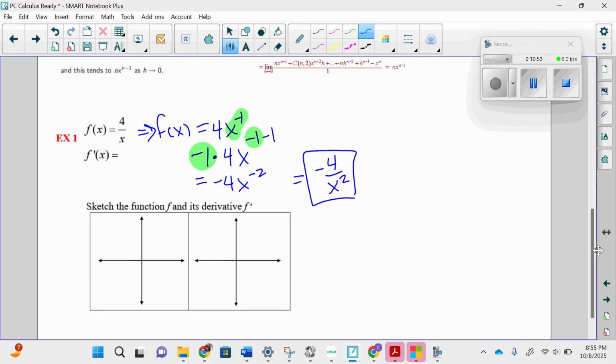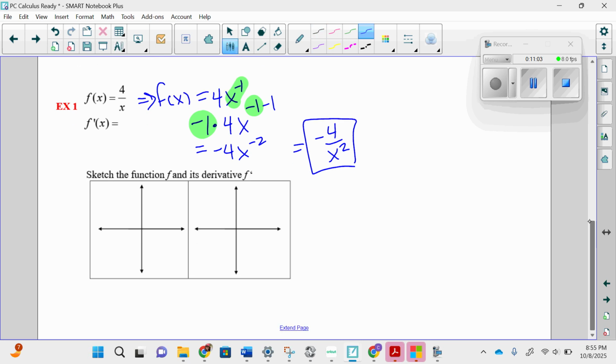So sketch the function f and its derivative, f prime. If we look at f, which was 4 over x, if we just make a quick table, we know that we're going to have a vertical asymptote at x equals 0 because we cannot divide by 0.